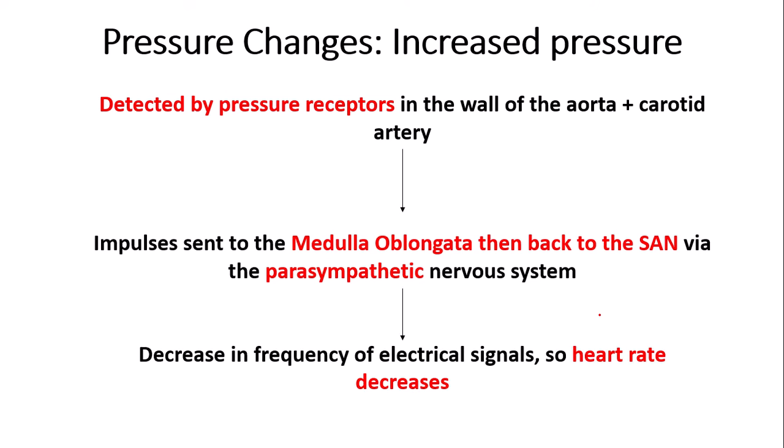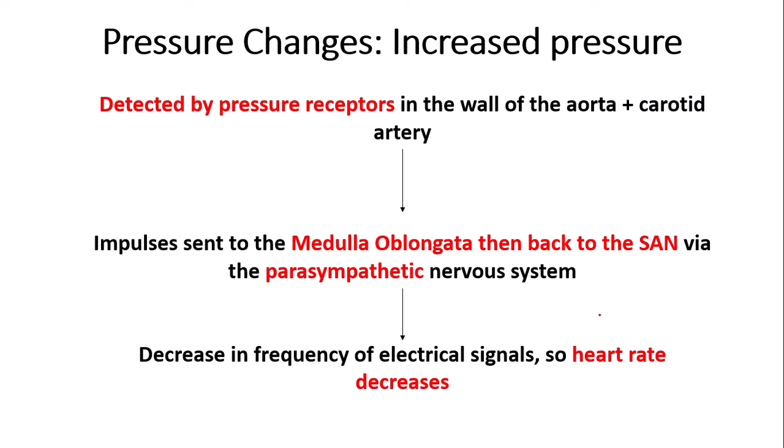And the next step, which is the final step, is this results in a decrease in frequency of electrical signals, so the heart rate decreases. So increased pressure decreases the heart rate, as if the heart rate stayed the same, the blood will be delivered at too high pressures, so this would cause blood vessels to burst. So the decrease in heart rate makes sure the blood vessels do not burst.